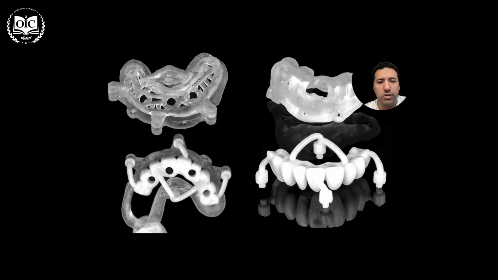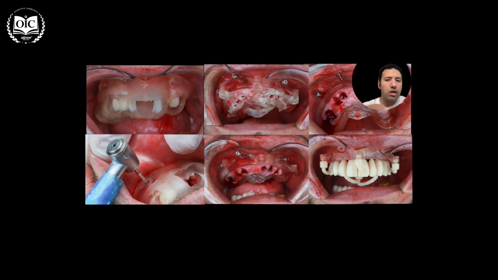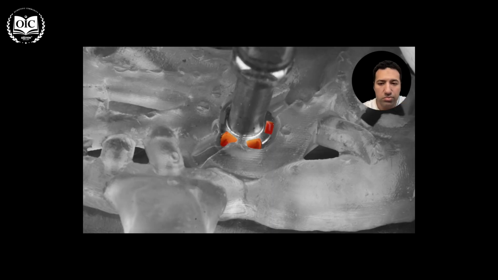We go to the printer and print all these. Go to the patient, start fixing the first guide and do the drilling, remove the teeth, place the foundation guide and fix it with the screws, start drilling through the guide, placing the implant through the guide.